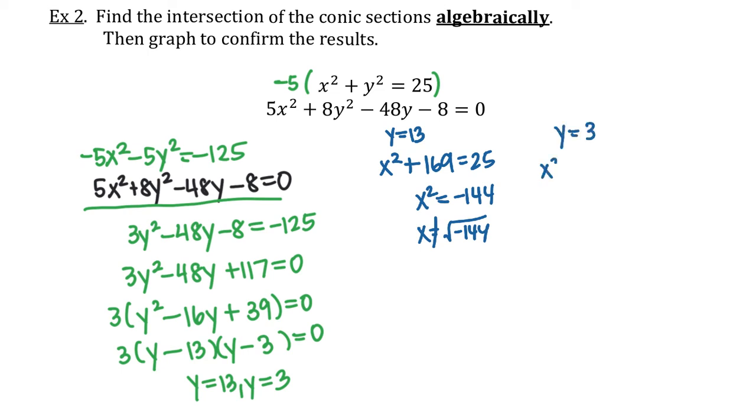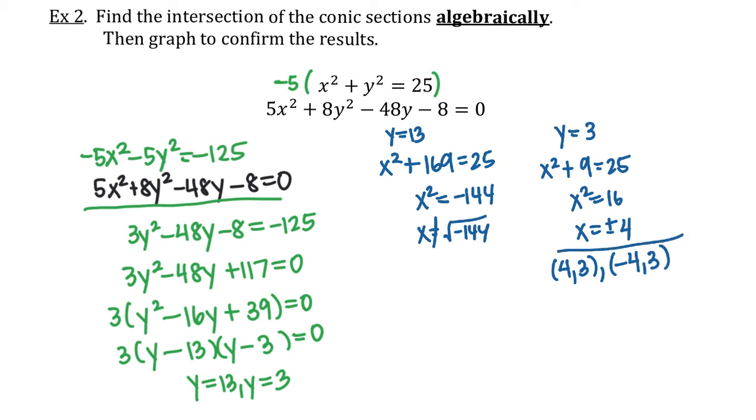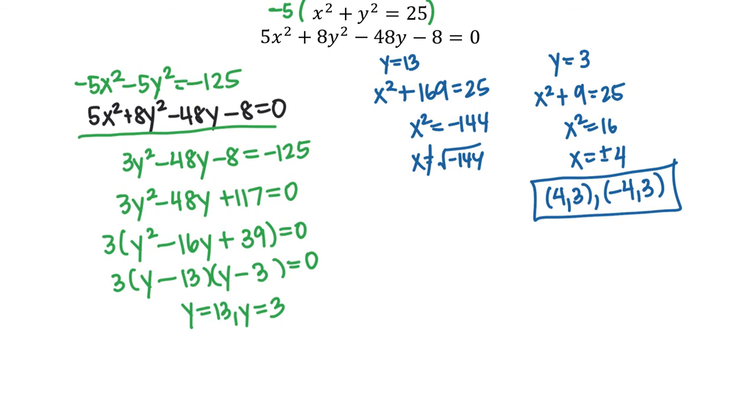Let's check if the 3 is x squared plus 3 squared equals 25. Okay, so according to my calculations, (4, 3) and (-4, 3) are the two solutions for this system. Okay, but now that we know how to graph them, I'm going to graph them to make sure that that is in fact where they intersect.